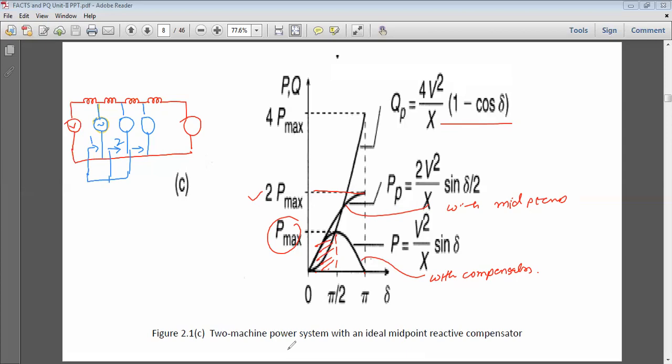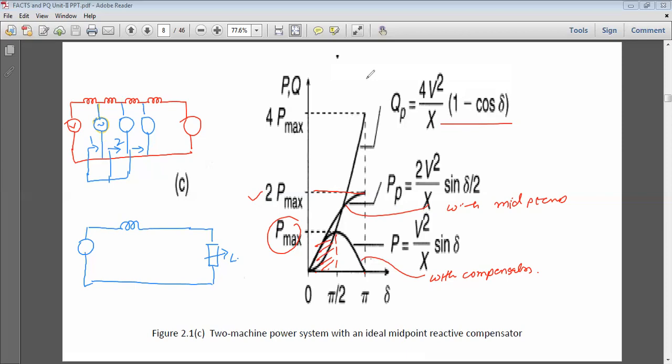Next time we will see the shunt compensator connected to the load end. This is the transmission line; instead of connecting the compensator at the midpoint, we will connect it to the load side. Say this is the load and this is the sending end.